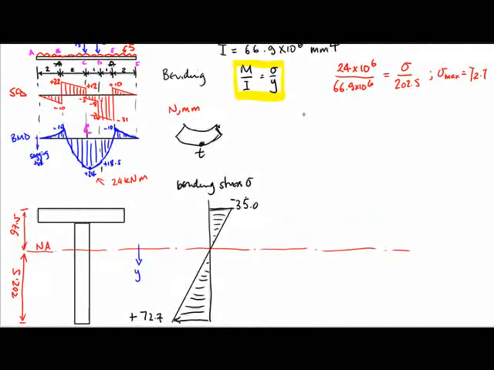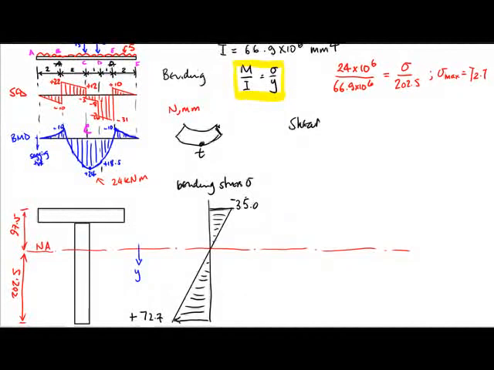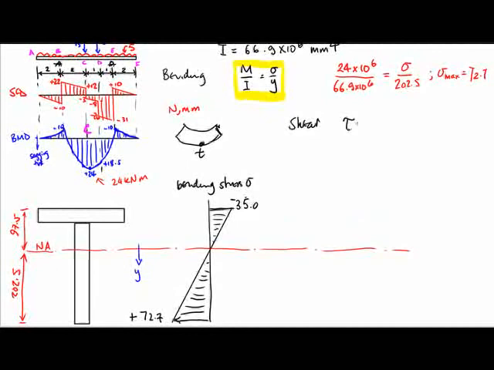The other thing we can get is the shear stress. So shear stress comes from the shear force, and the equation we use there is what we call the F A y bar over I b equation, where b is the length of how much we cut.